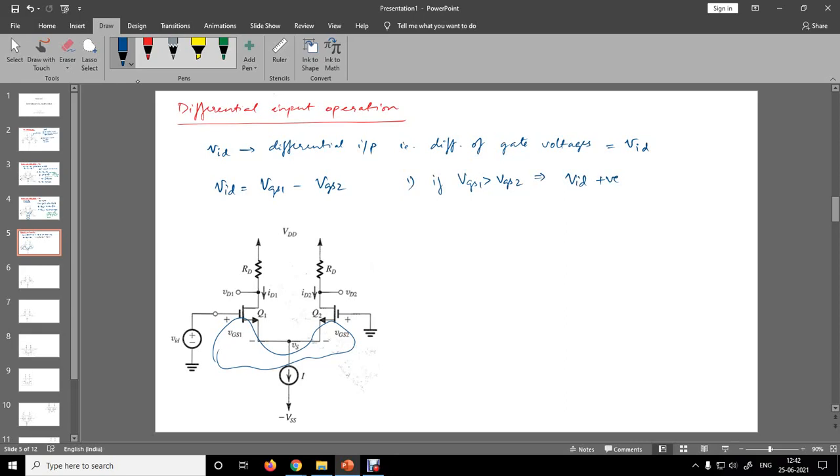So if VGS1 is greater than VGS2, it also means ID1 is greater than ID2, which actually means VD2 minus VD1 will be positive.